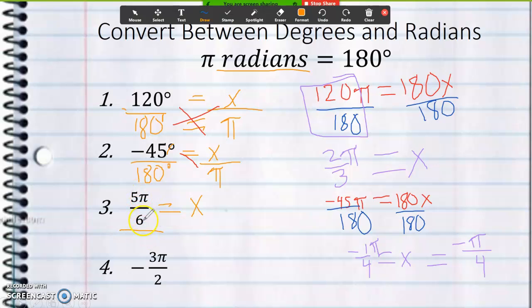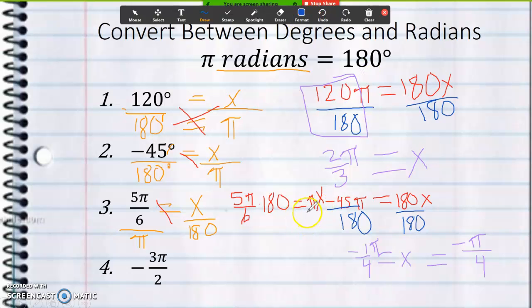Since this 5 pi over 6 is in radians, that means it's going to be divided by pi over 180 degrees. Okay? When you cross multiply, 5 pi divided by 6 times 180 equals pi times x.